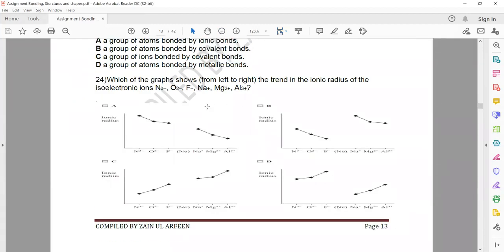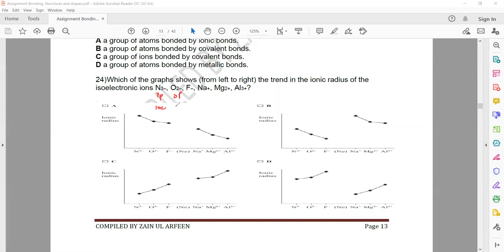In question 24, which of the graphs shows from left to right the trend of ionic radius? So these all are isoelectronic. How are they isoelectronic? Because nitrogen has 7 protons and 10 electrons.